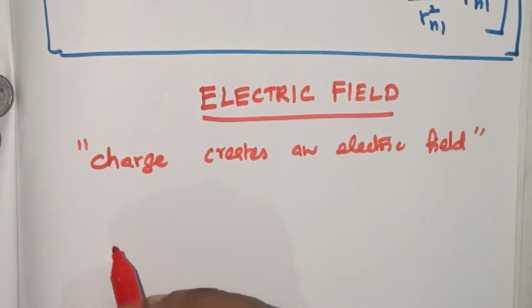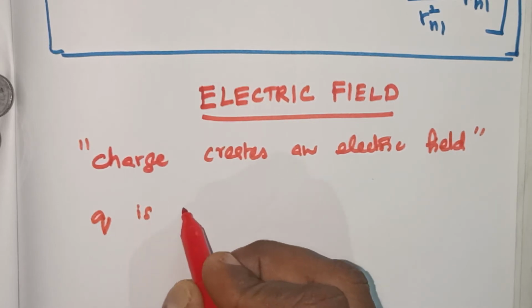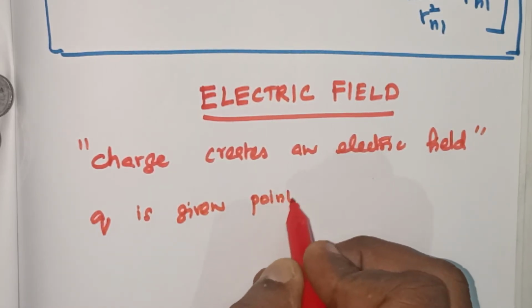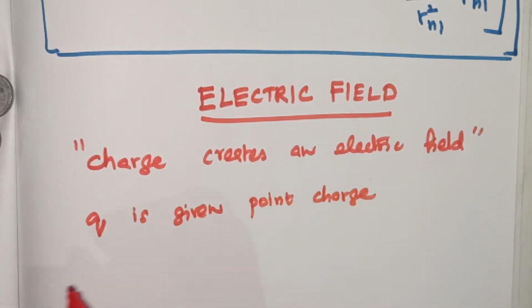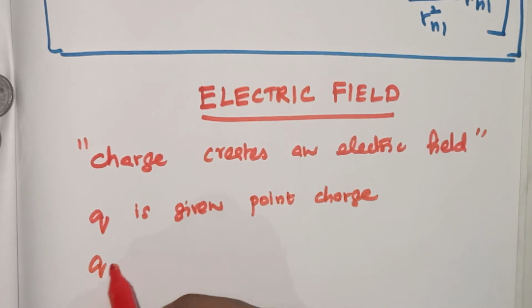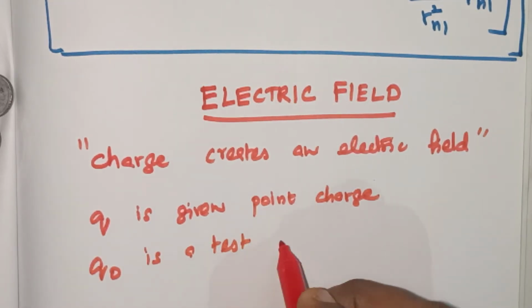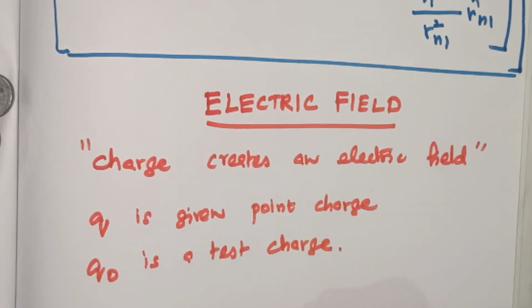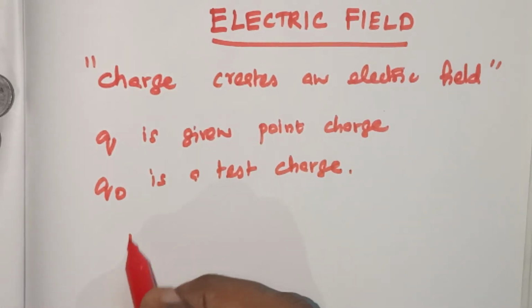That is, we take Q as a given point charge. Q naught is a test charge. So what is the force of attraction between these two charges?